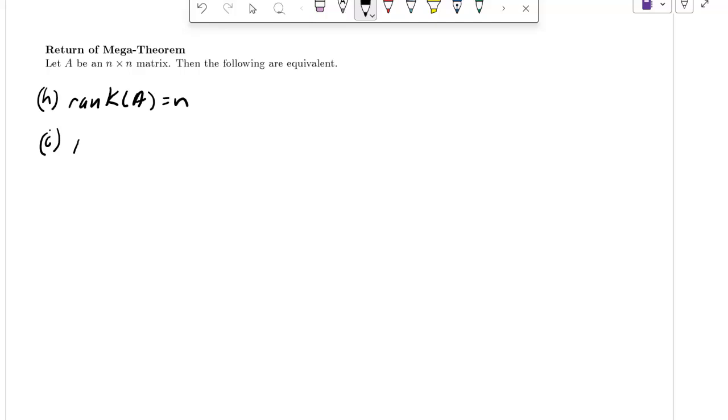So another equivalent statement is the nullity of A is 0. Those are two statements in terms of rank and in terms of nullity.